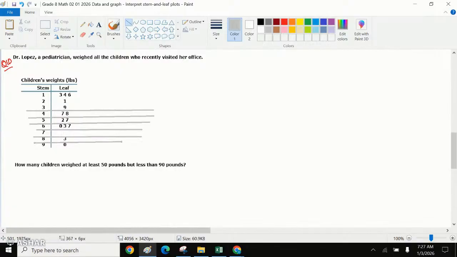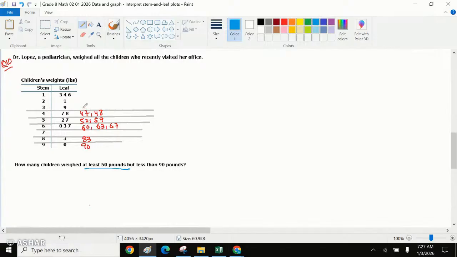If you want to see these values, this would be 47, 48, 52, 57, 60, 63, 67, right? 70 did not have any value, 83 and 90, right? So the question says at least 50 pounds.